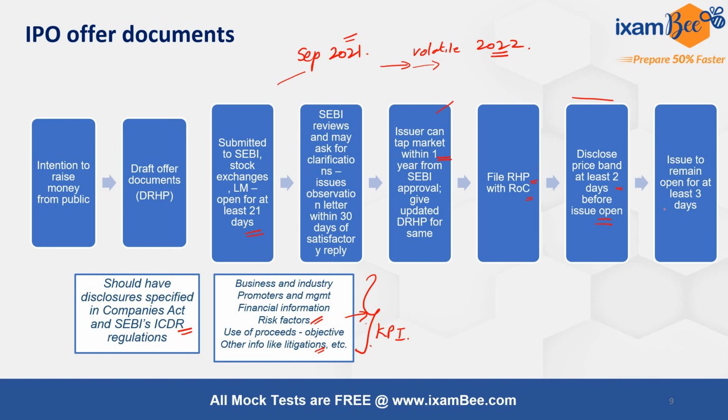And once this issue is open, it needs to remain open for at least 3 days for the public to subscribe to the issue. So this is how smoothly, if no adverse observations are made by SEBI, this is the process that can be followed by any company in terms of their offer documents and using it to raise money.